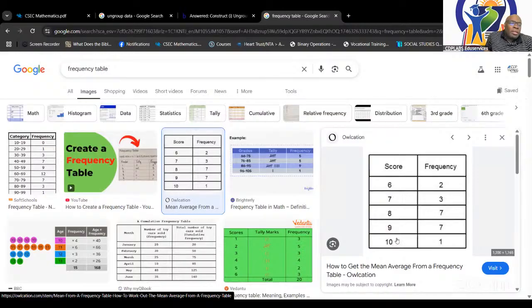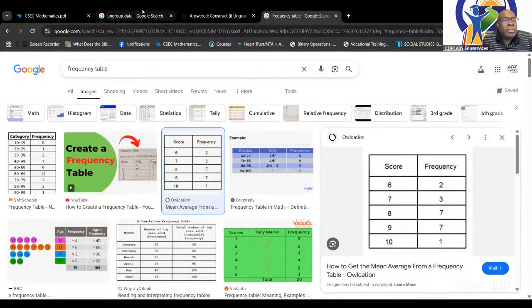Based on the raw, ungrouped list of data that you saw, what they would do is write down from the lowest figure to the highest figure, and then record the number of times that figure appears in the list. Good. So a frequency table basically helps you to organize data as shown.